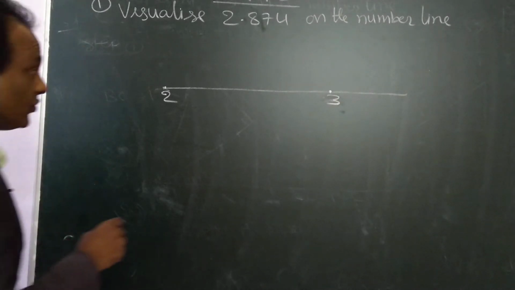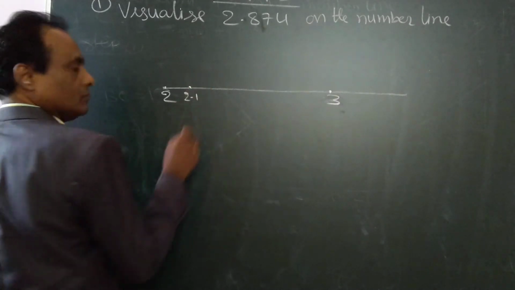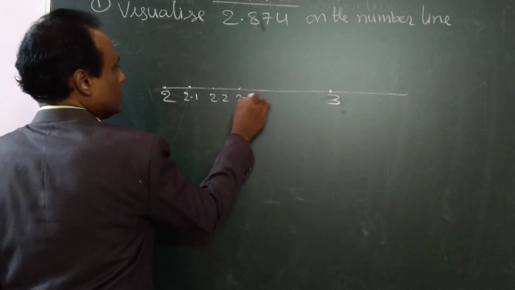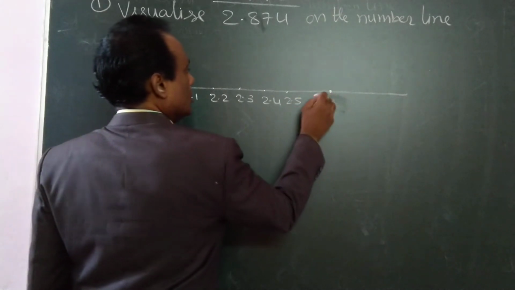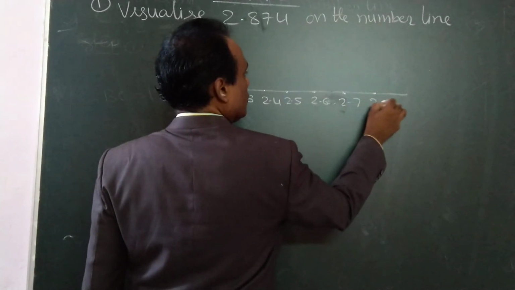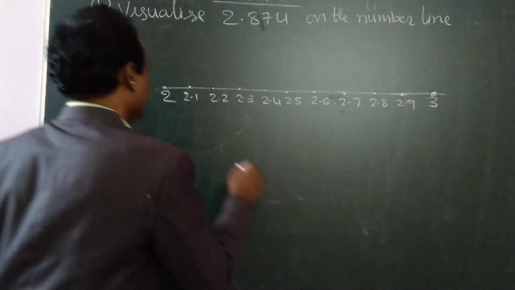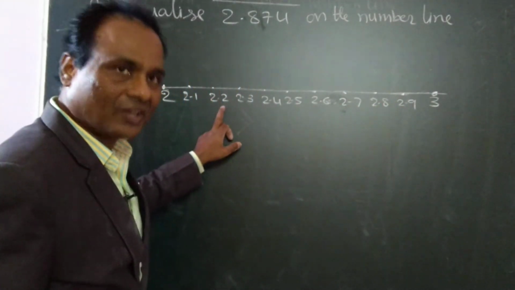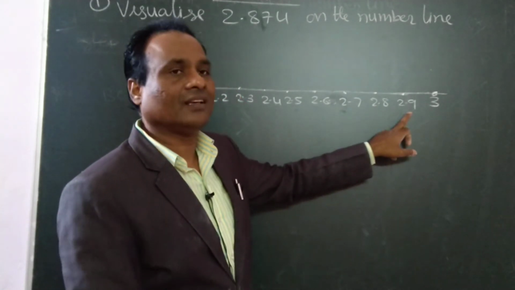Now I'll observe carefully. After 2 I will take say 2.1. Don't write. See here. 2.2, 2.3, 2.4, 2.5, 2.6, 2.7, 2.8, 2.9, 3.